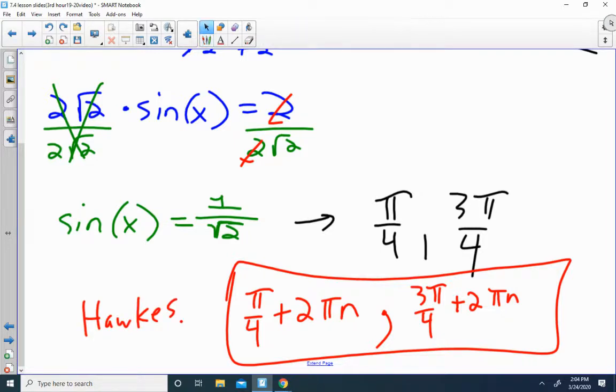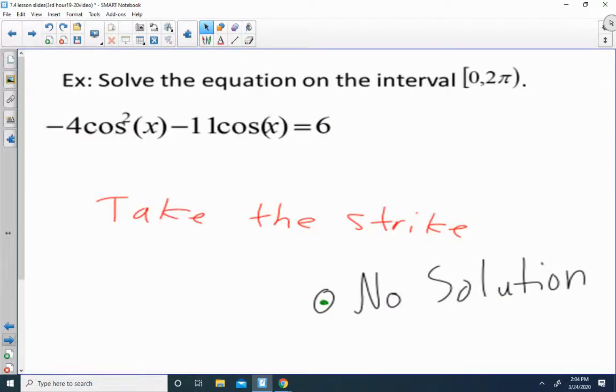So please read the instructions and you should be able to answer these just fine. Now the last slide, this one is kind of an awkward problem. I mean, there is a way to solve it, but it's kind of convoluted. And also, I can guarantee you this problem will not be on the online test. So if you really want me to teach this problem to you, you can email me.